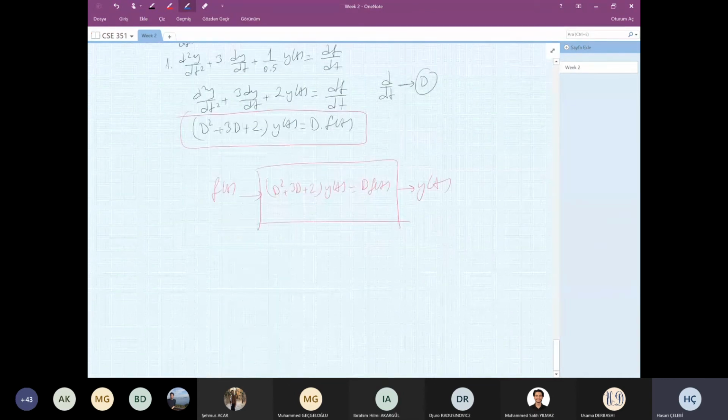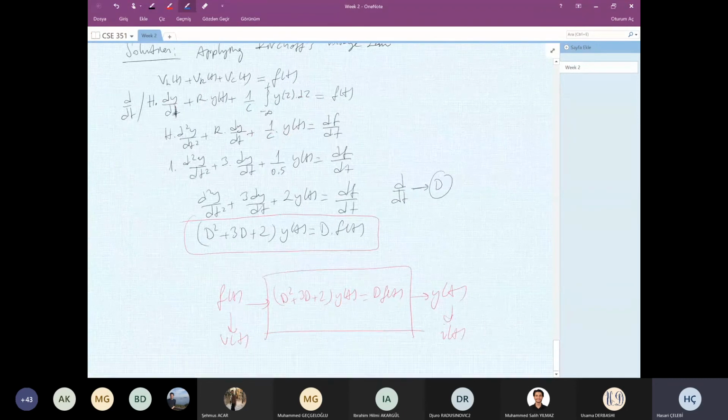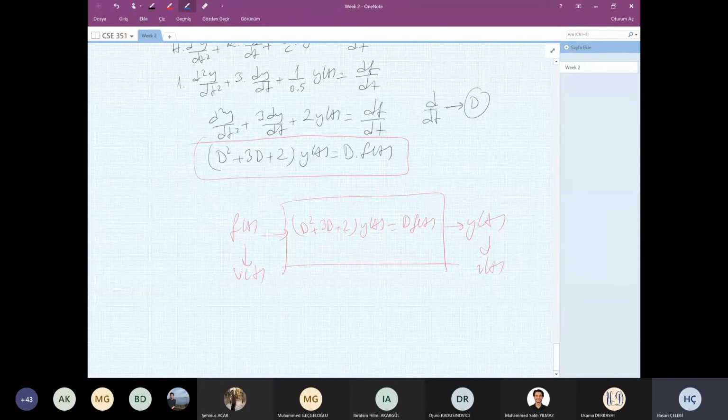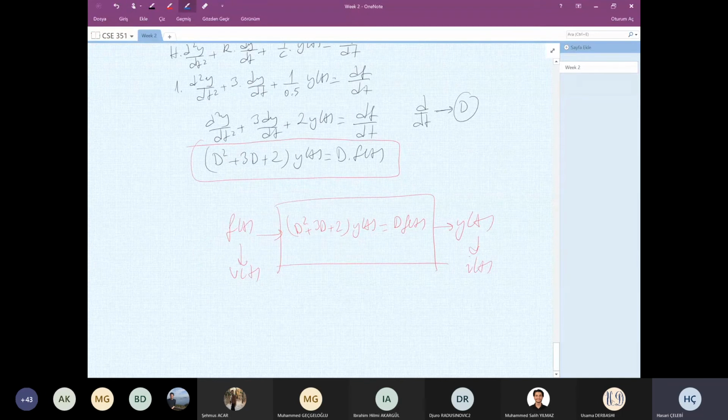In circuit theory, that was the voltage and that was the current i of t. So I modeled this system and analyzed it, and came up with the equation that represents my system. You're going to learn this kind of stuff in this course. So that was the end of chapter 1.